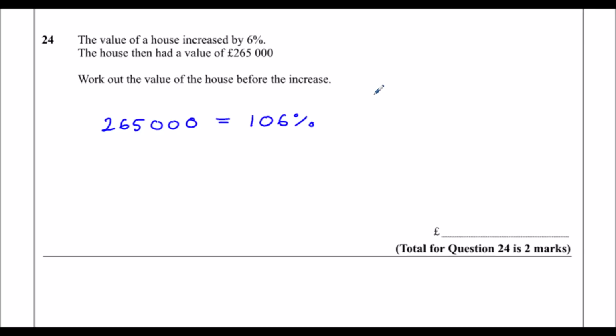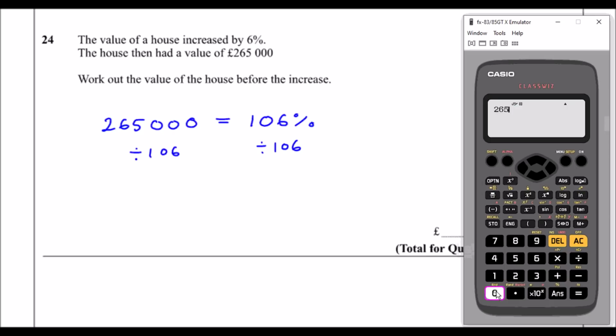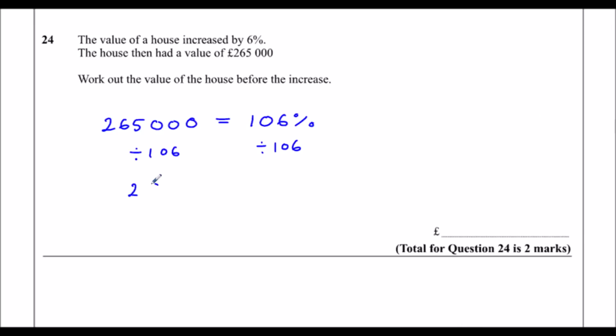We can find 1% by dividing by 106. So if we take 265,000 and divide by 106, we get 2,500. So 2,500 is 1%.